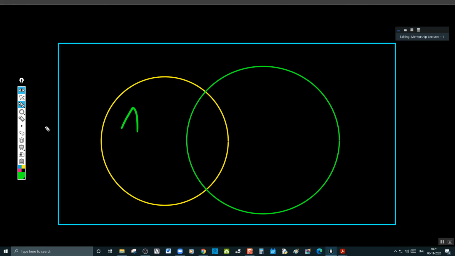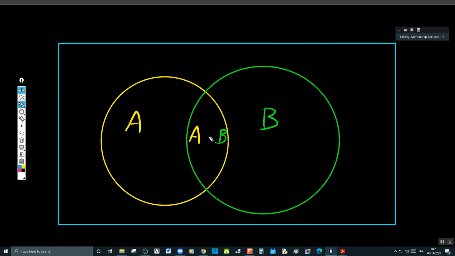Let me show it through yellow color because I have taken yellow color there. This is A and this is B, and whatever the combination of yellow and green is there, that we call intersection, because it is present in both.